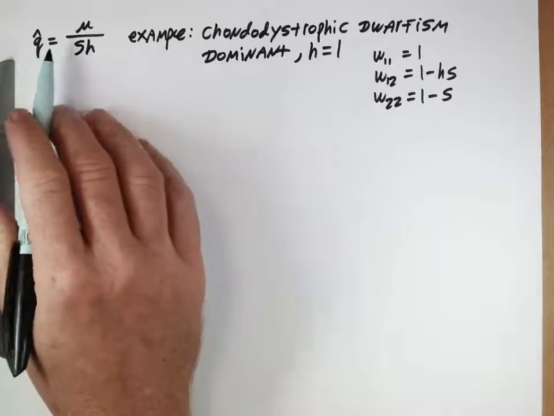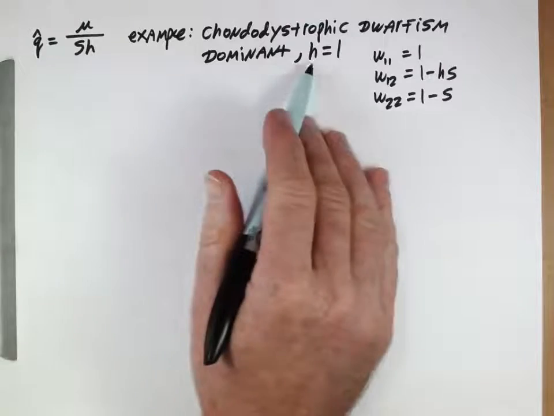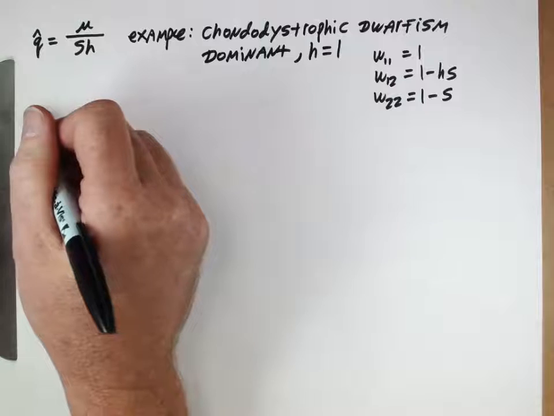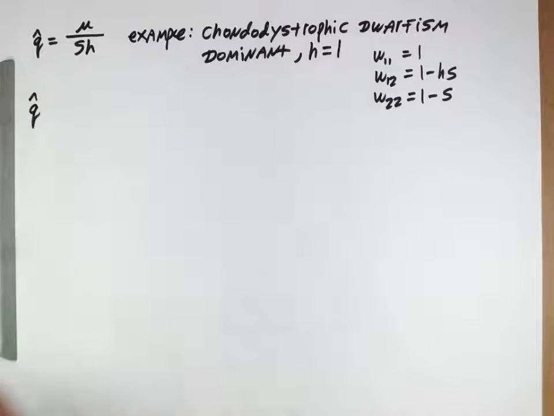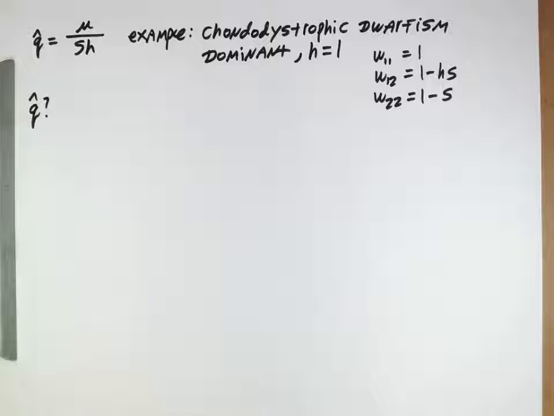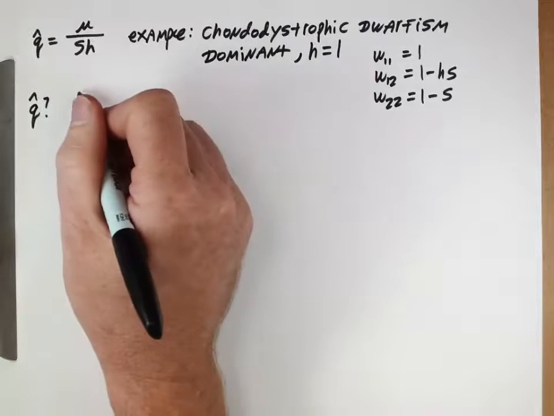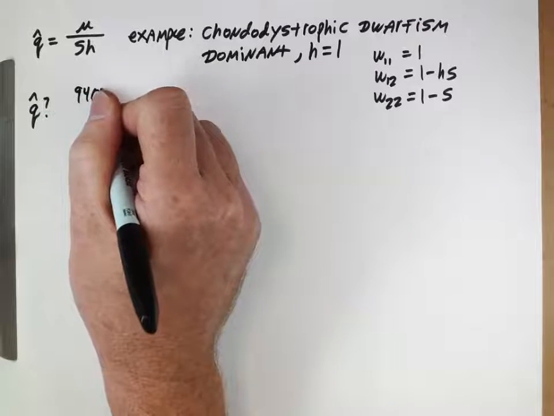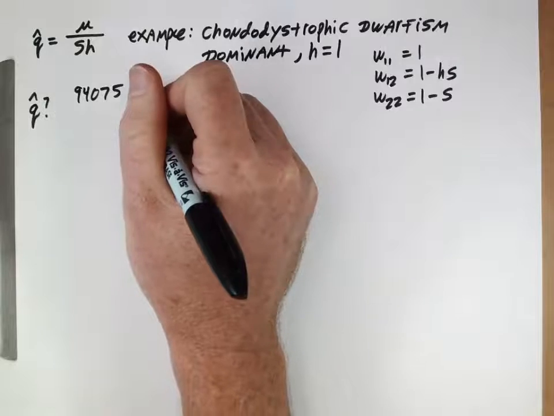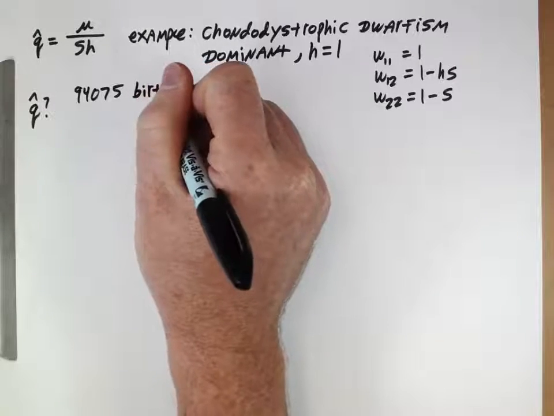So what are s and h and q? Well, h is 1 because it's dominant. So now we just need q and s. What's our best guess at the value of the equilibrium frequency? Well, we can go and look at modern society and see what the frequency is. A particular study looked at 94,000 births in hospitals.